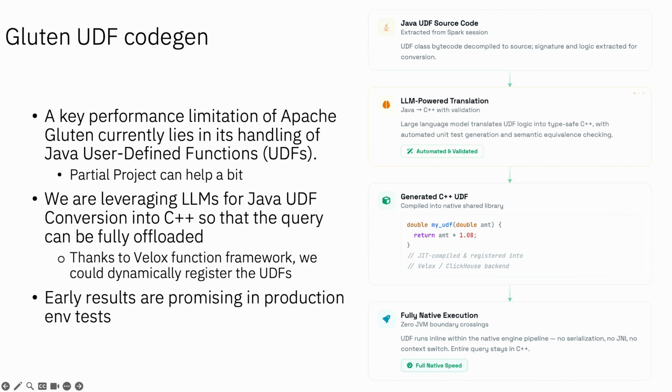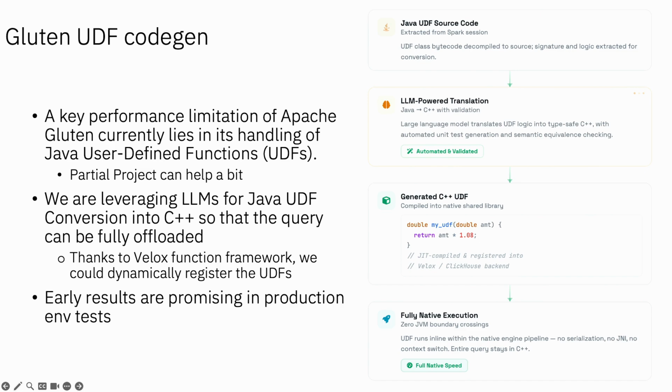The next one is for the Gluten UDF codegen. When we do POCs or enable Gluten in custom environments, we found that the key performance limitation for Gluten is actually the Java UDF. Usually in the user environment, they have some legacy UDFs, either from Hive, Scala, or Java.